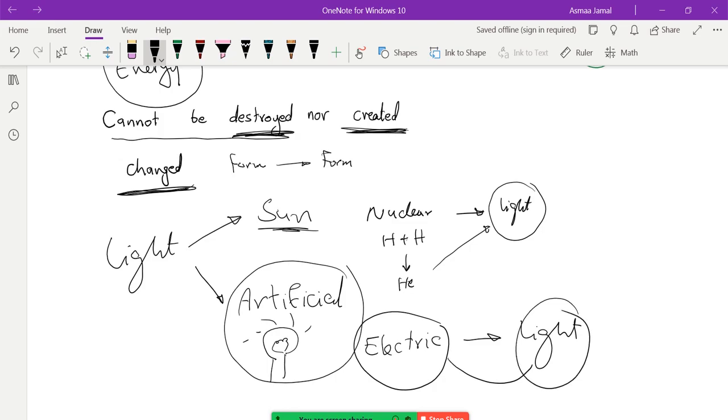When we have the light from the sun, this light will reach the atmosphere and the earth. We have the plants on the earth.